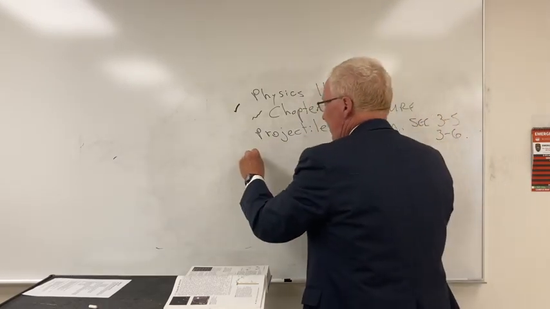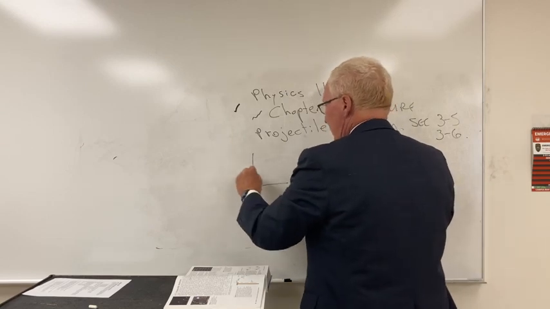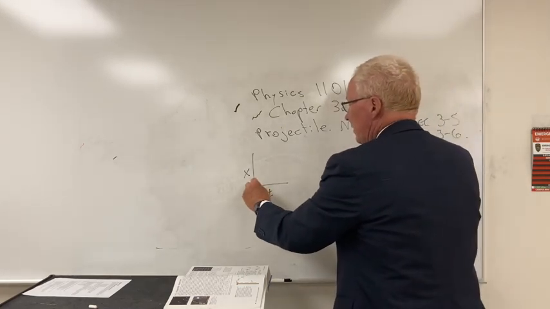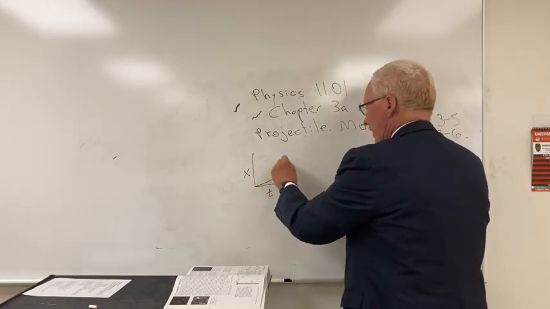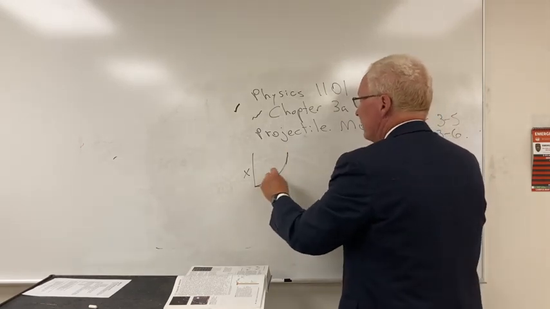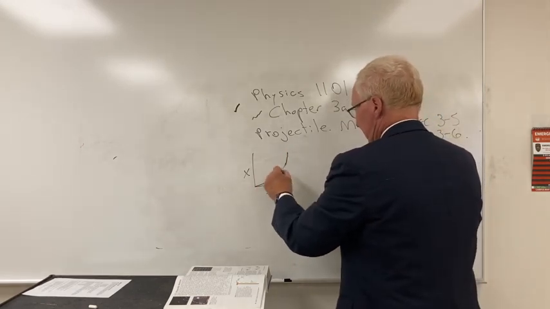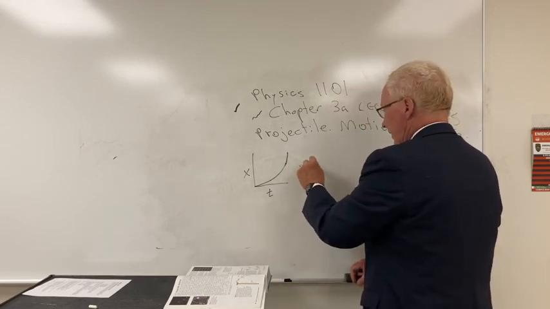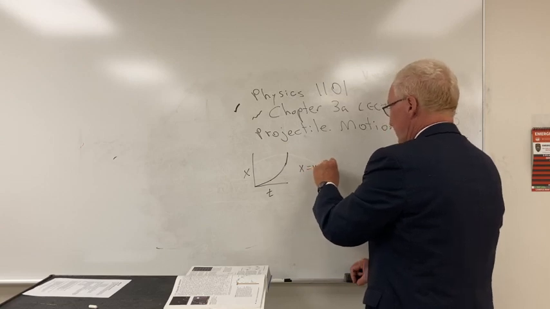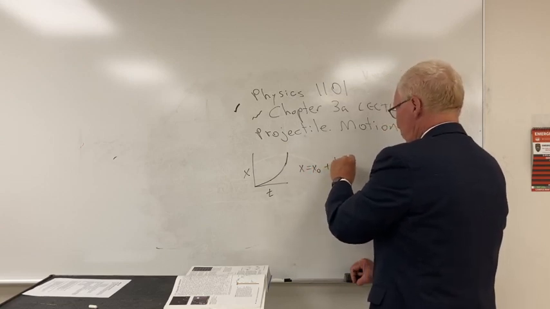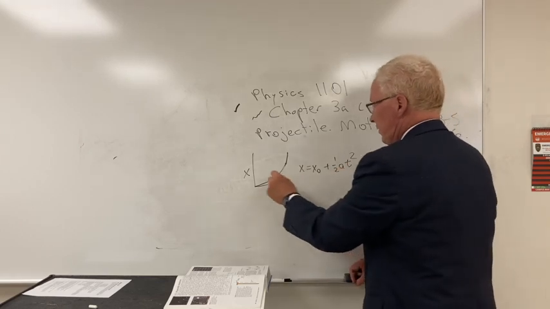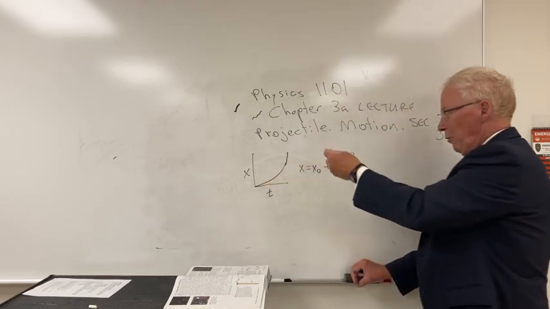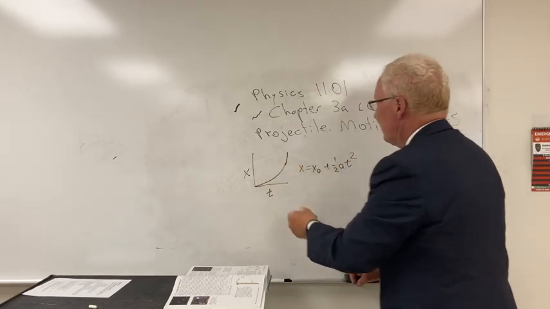So we plot x versus t, and we see a parabola, where x is x naught plus 1/2 a t squared, where a is the acceleration. So when we have acceleration, then we have a parabola.